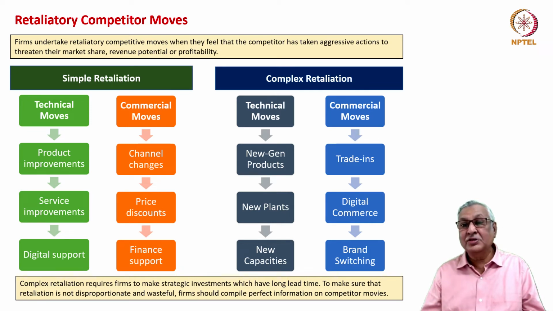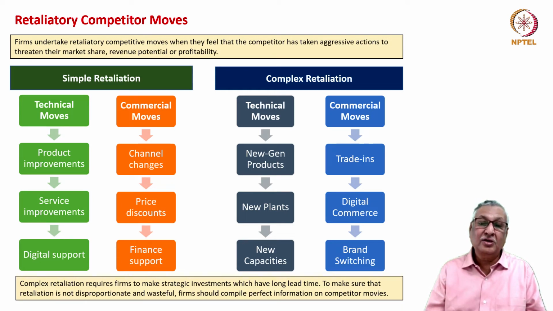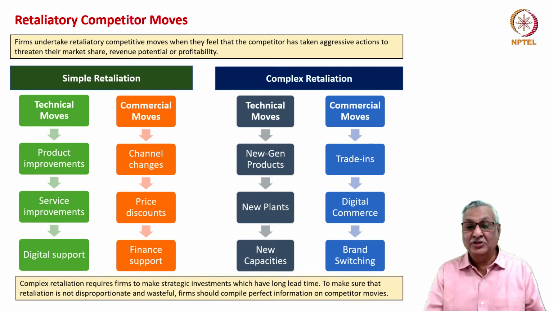What could be the complex retaliation framework? Again, technical moves and commercial moves. In terms of technical moves, every now and then you can bring in new generation products, an automobile with completely new design language, with new aggregates and marked improvement in technological efficiency, which others find it difficult to match.